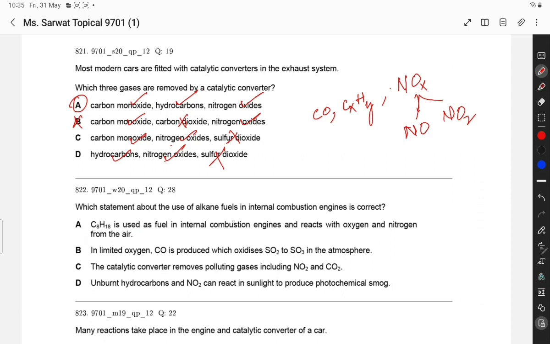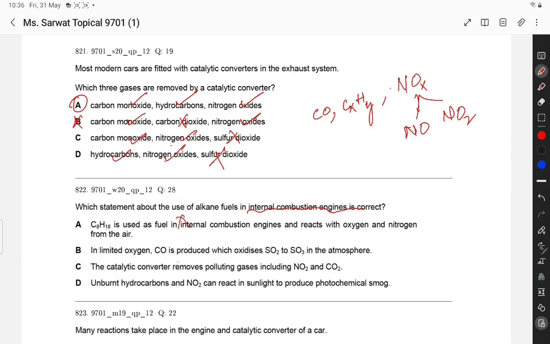Next question, which statement about the use of alkane fuels in internal combustion engines is correct? C8H18 is used as a fuel in internal combustion engine and reacts with oxygen and nitrogen from the air.